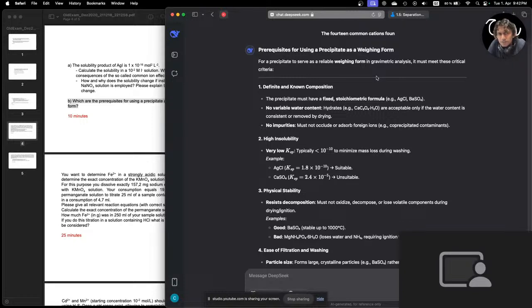It should have a definite and known composition. It should have a fixed stoichiometric formula. High insolubility. What else?